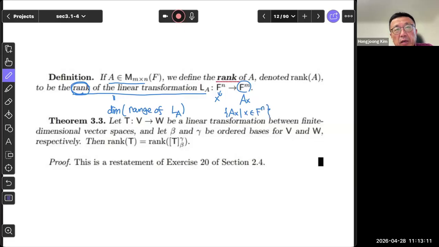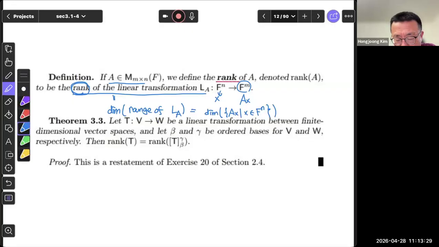So this is the range. And then if you consider its dimension, that's what I mean by the rank of this L sub A transformation. Okay? And we define the rank of a matrix by this, okay?